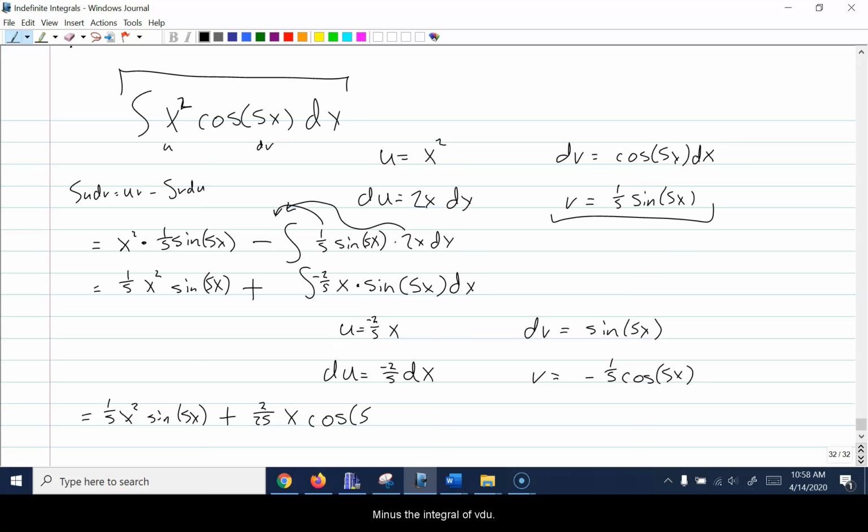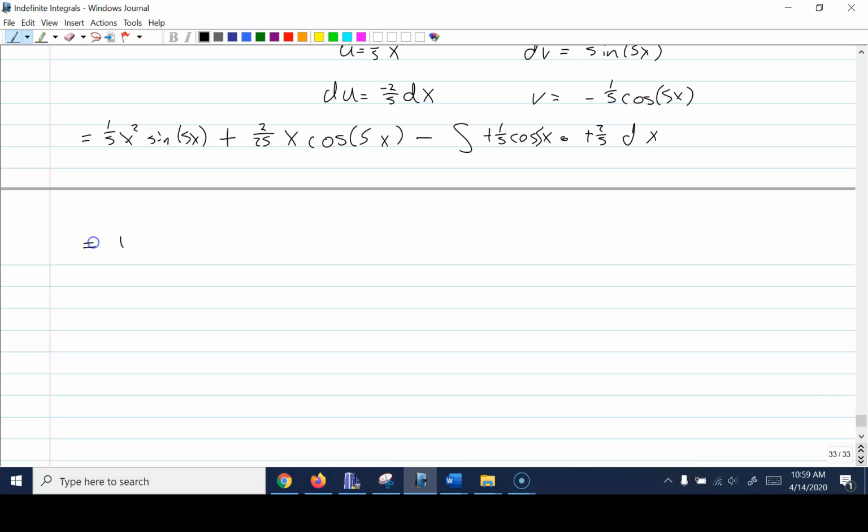Minus the integral of v du. v is negative 1/5 cosine 5x times du, which is negative 2/5 dx. These are negatives that cancel. I got 3 negatives, so I end up with a negative. I got this stuff plus this stuff minus 2/5 times 1/5, which is 2/25, integral cosine 5x.